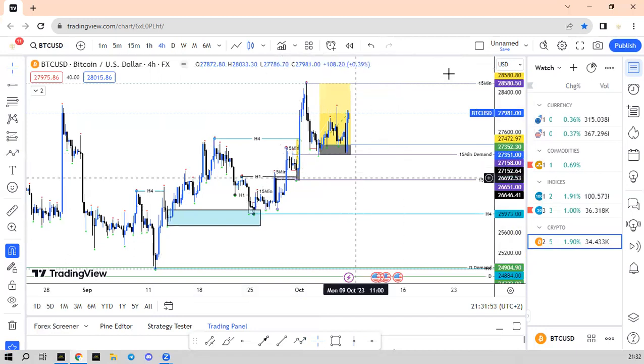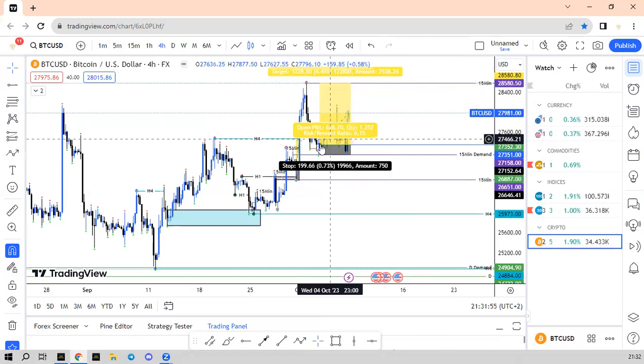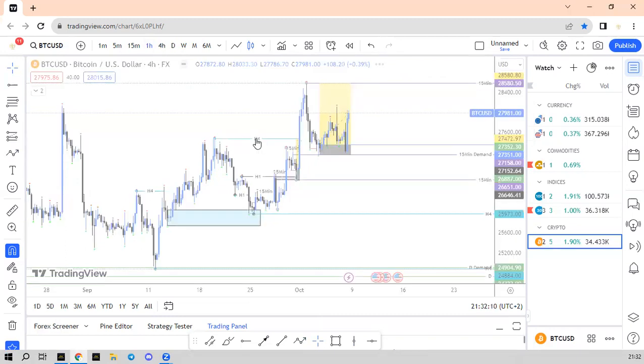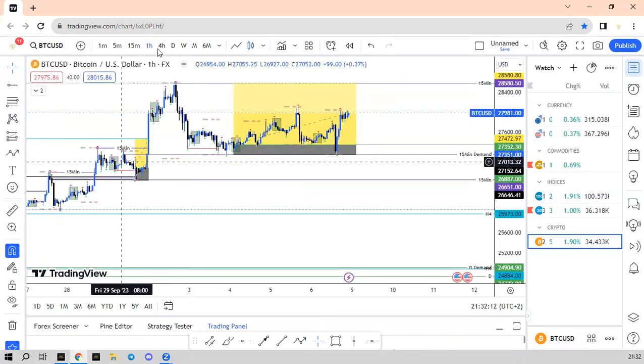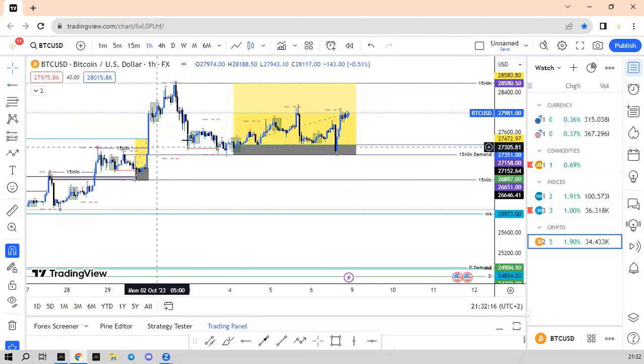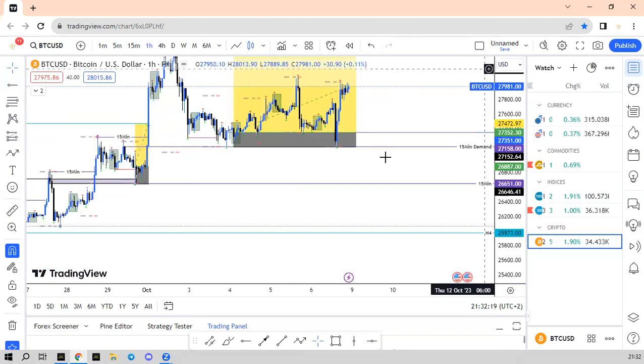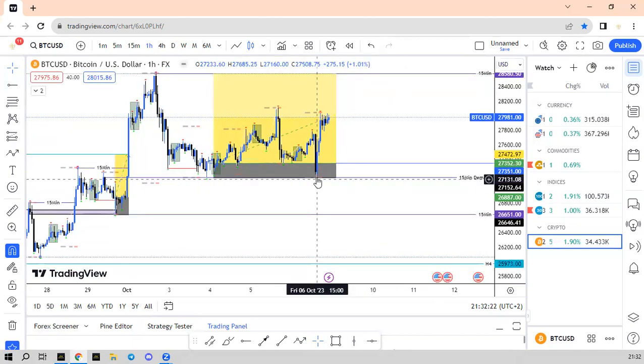This buy here is based on 15 minutes, not on H4. So what's the current H1 range? Because of the Friday news, I have a new range that is from here.